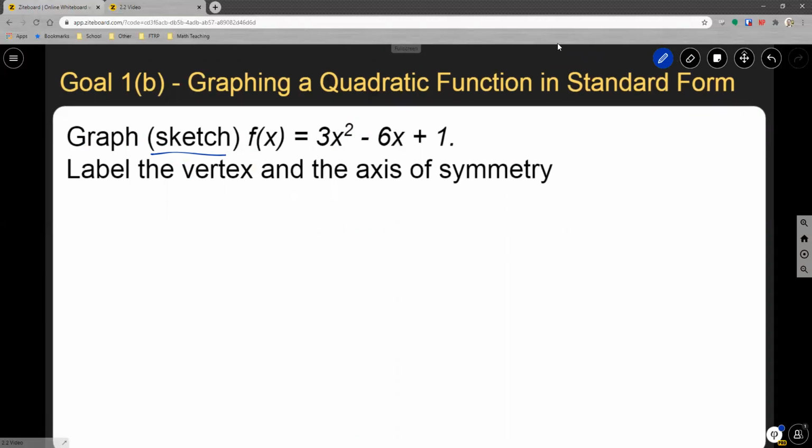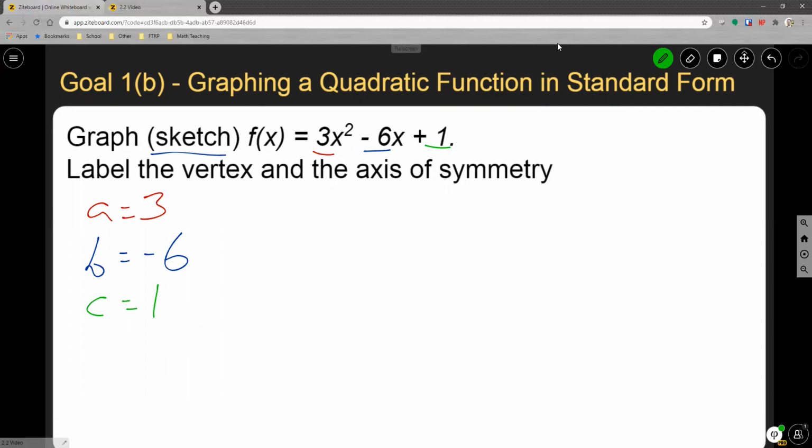First off, I want to identify my a value, my b value, and my c value, just to start off. So I've got those laid out. My a value is equal to 3. My b value is equal to -6. And my c value is +1.